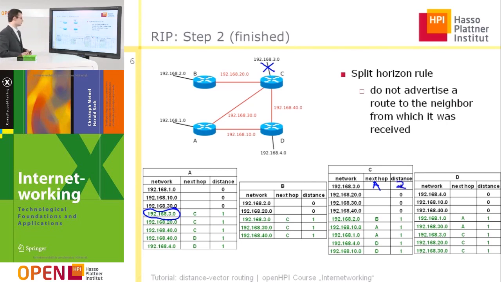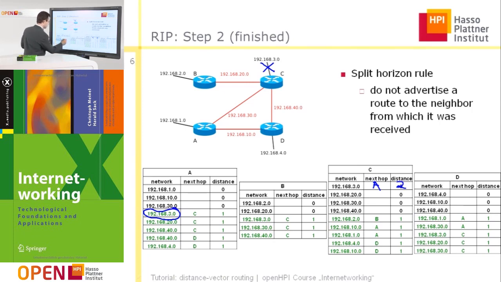During the next iteration, router C will again send the update to router A. However, router A will be forced to update it because C is entered here as the next hop, which means that if router A receives an update from router C with a higher hop count, with a higher distance, then probably something was changed in the topology behind the router C, and router A should also update its distance count.